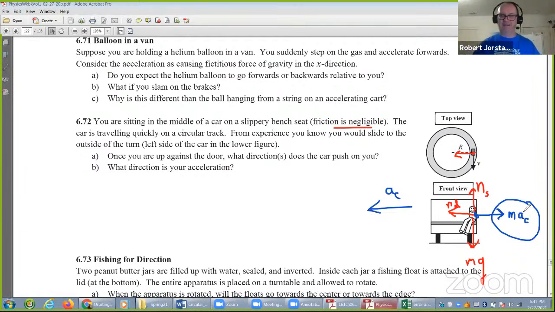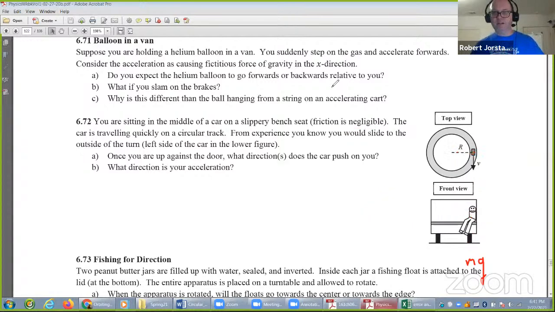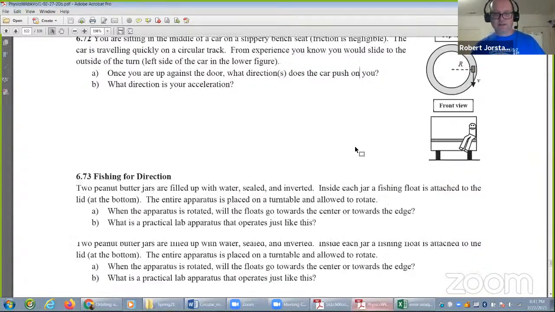You are not. You push on the door to the outside. By Newton's third law, the door pushes you to the inside. Whenever you're pushing on the door to the outside, you perceive that you're being pushed out there, but you're not. You're moving in circles. All right. Crazy, right? All right. That's pretty insane.